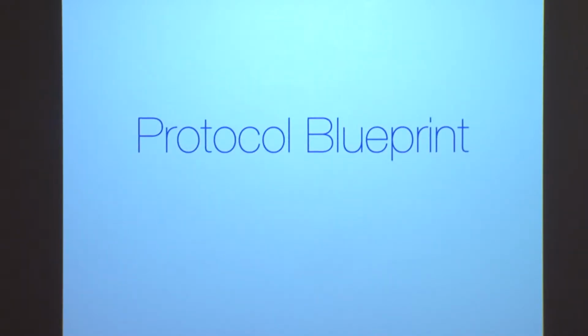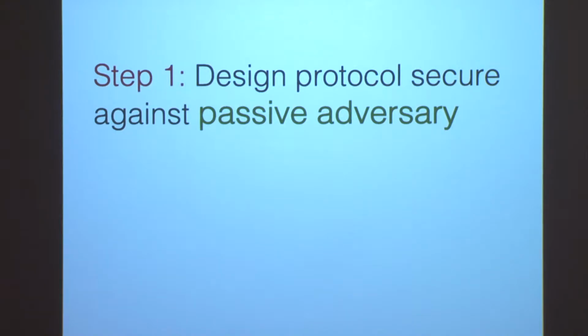Let's talk about what we are going to do here. What is our protocol blueprint? Just like every other MPC protocol that we've been tackling over the years, it proceeds in 2 steps. You first provide a protocol that is secure against a benign adversary called a passive adversary, semi-honest, or honest but curious. There are many names for this.